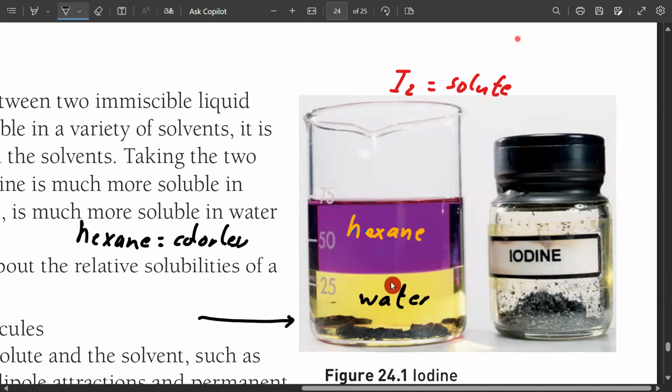It indicates that iodine has been dissolved in the hexane solvent, and that's why you see this violet or purple color. Otherwise, hexane itself is a colorless compound. And in the water, you can see it's light yellow. This light yellow color indicates that some amount of the iodine also dissolved in the water.